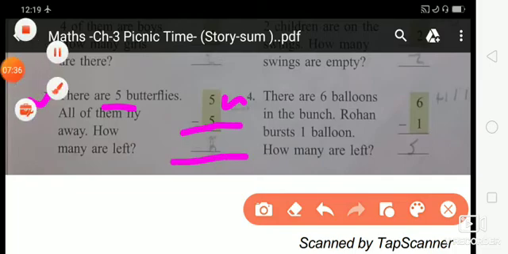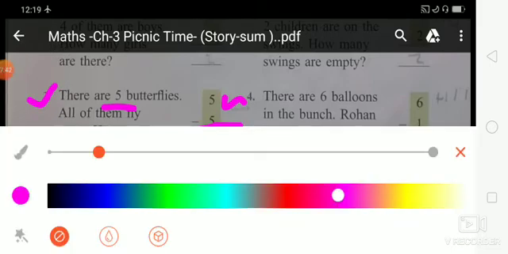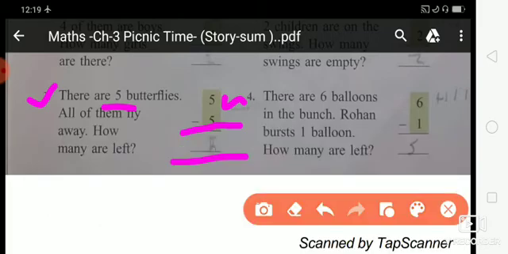5 minus 5 is 0. There are 5 butterflies and all of them fly away. How many are left? 0. The answer is 0. Total butterflies are 5 and all of them fly away.